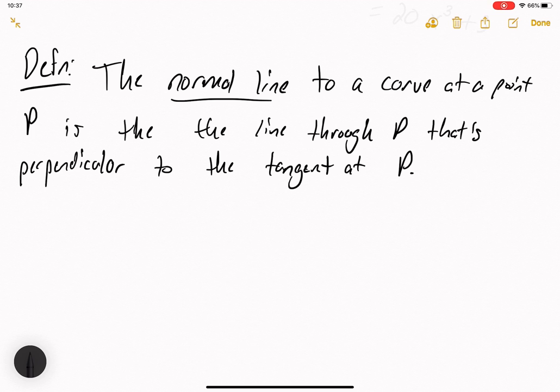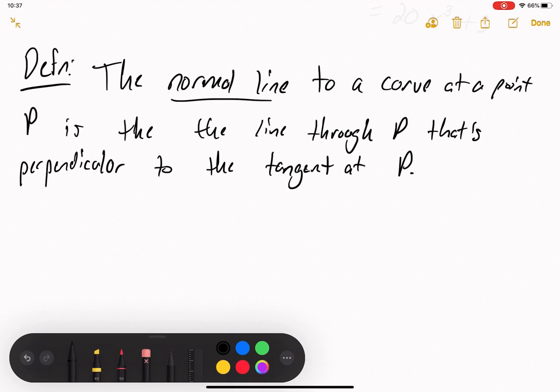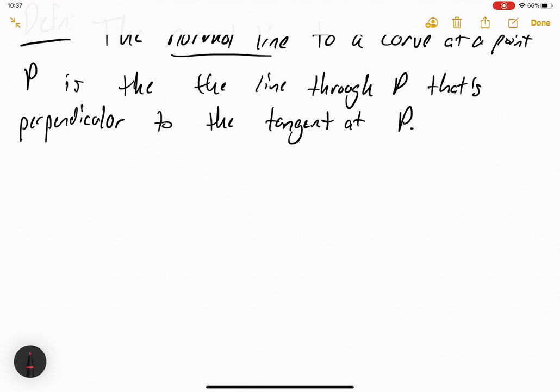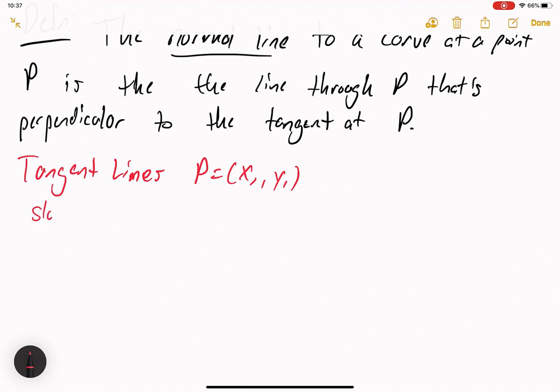All right, so that's a little funky. So, some shorthand of what that means: for tangent lines, you had a point P, which is equal to x1, y1, and then you had your slope at P of the curve that we're talking about, usually defined in terms of f of x, which would be f prime of x1.